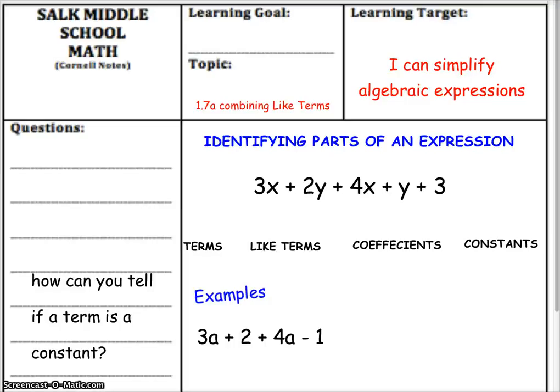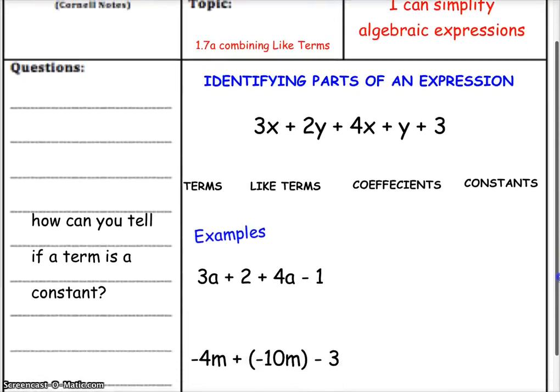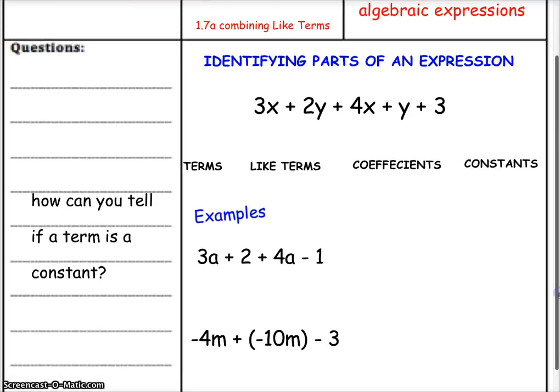Okay, so you're going to have to identify parts of an expression. You're going to have to identify terms, what the like terms are, what the coefficients are, and what the constants are. So given this expression, 3x plus 2y plus 4x plus y plus 3.